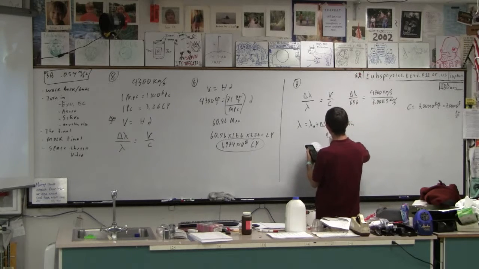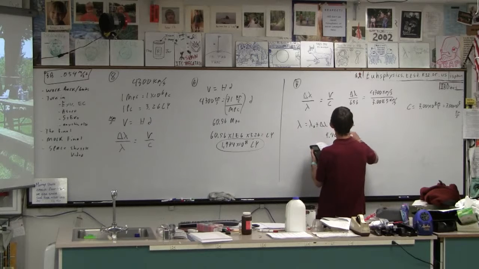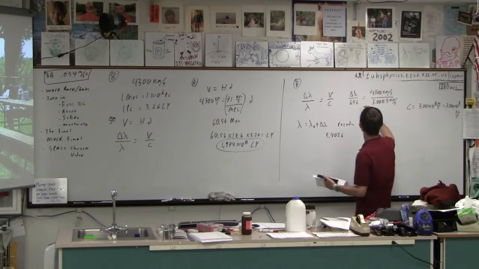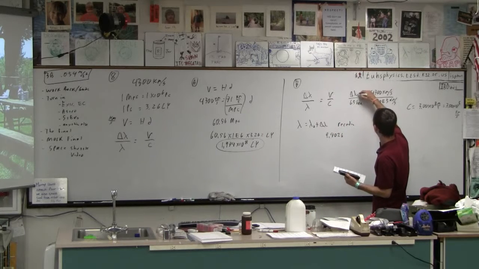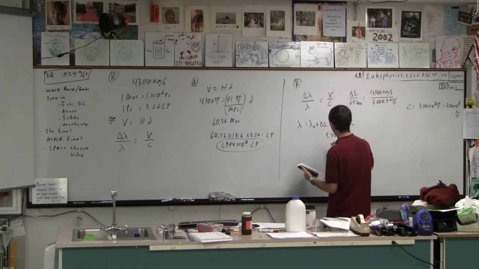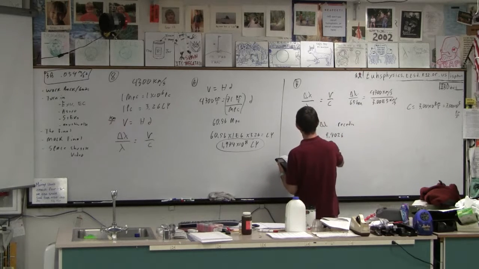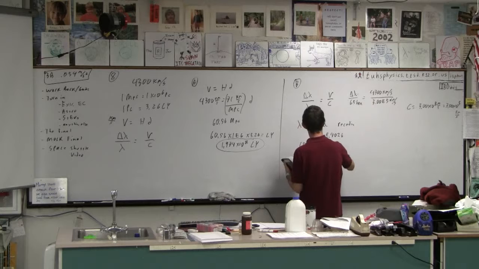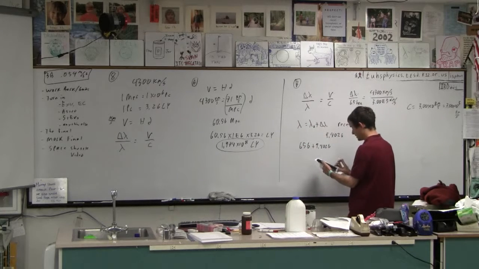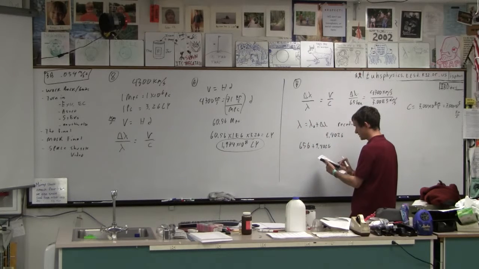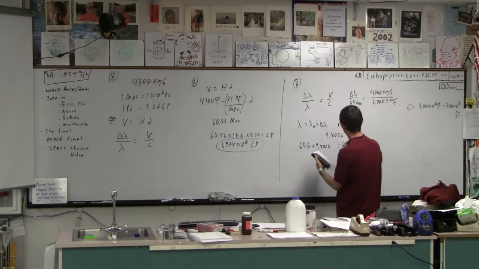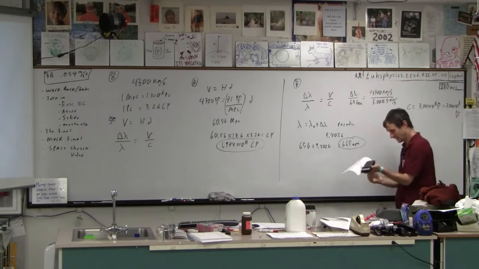And I get 9.4026. What is it? Well, if this was nanometers, then this guy's going to be nanometers. It's a straight proportion. So now my new wavelength is 656 plus 9.4026, so plus 656. And that gives me 665 nanometers. Yeah!